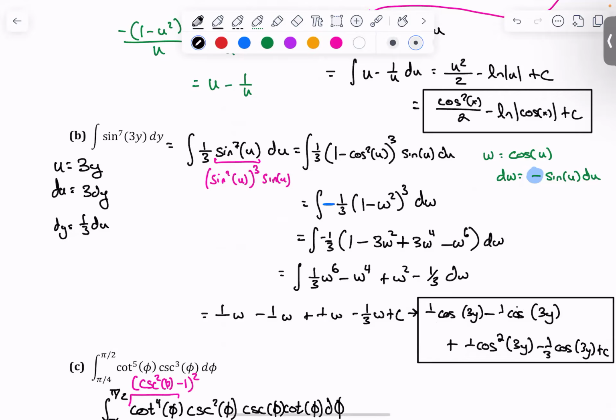So it'll be 1/21 W to the 7th minus 1/5 W to the 5th plus 1/3 W cubed minus W. So 1/21 cosine to the 7th, minus 1/5 cosine to the 5th, and plus 1/3 cosine to the 3rd. So mistake on my part. Thank you, Victor. Not here, but thank you, Victor, for catching that. That's a silly mistake. Okay?